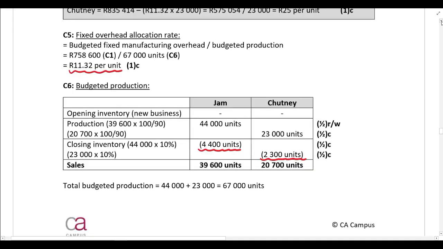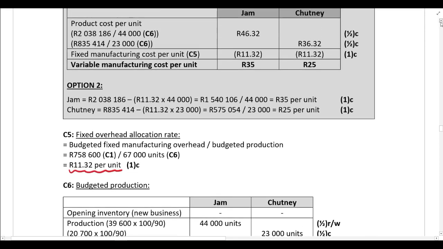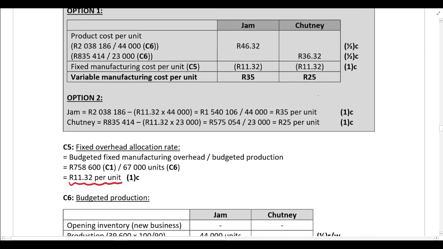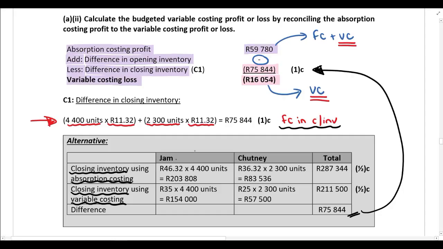Obviously, guys, if absorption costing is used, then we need to include both fixed and variable manufacturing costs in the value of inventory. So if absorption costing is used, that is your product cost for jam and for chutney. So the product cost for jam multiplied by the number of units in closing inventory, the product cost for chutney multiplied by the number of units in closing inventory. So that's what closing inventory would be if absorption costing is used.